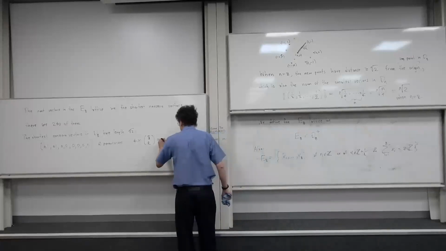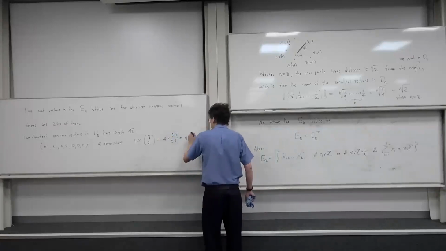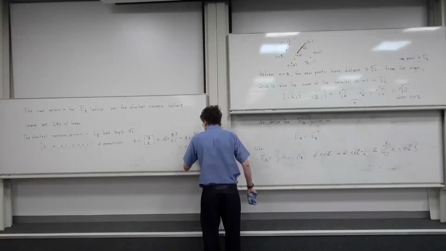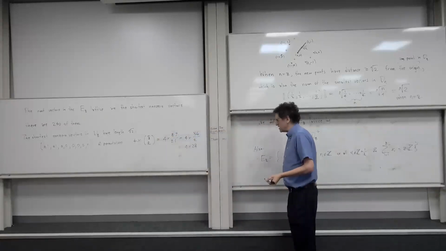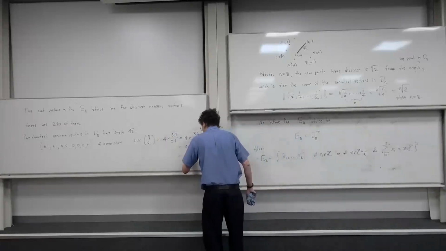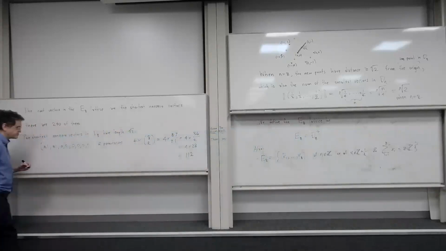So it's 4 times 8 times 7 over 2 times 1, in other words 4 times 56 over 2, or 4 times 28. Since I've done this calculation a lot of times, I know it's going to be 112. So there are 112 of those guys.